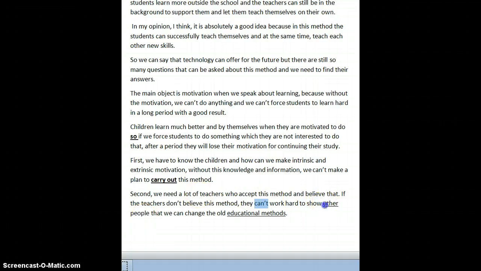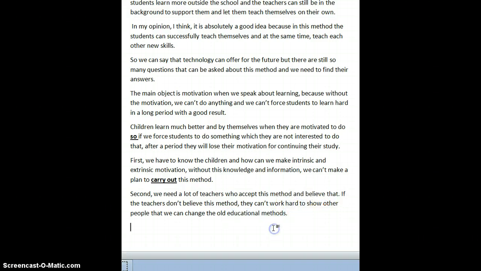Initially I think you'd used the word another, which suggests just one, singular, but as we said, people is plural, so we need other people. We can't change the old educational methods, very good. You've got adjective, adjective, noun, and you have changed, I think you said educations to educational methods.